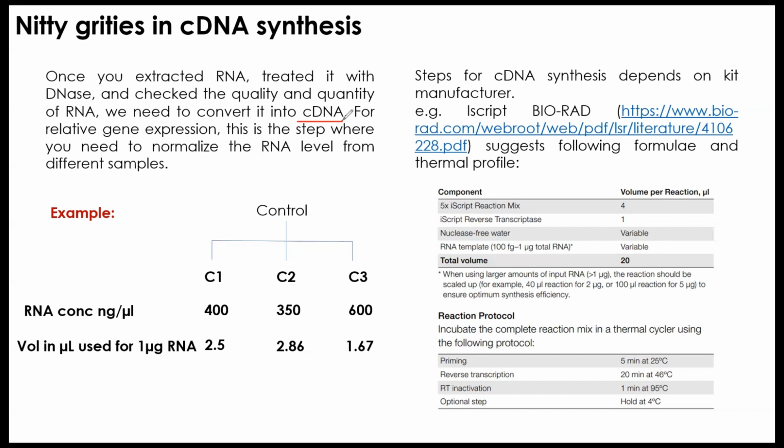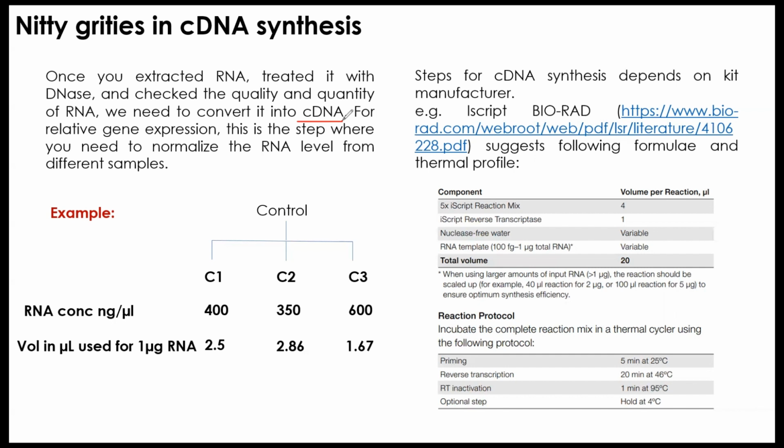Different cDNA synthesis kits have somewhat different reaction mixtures and somewhat different thermal cycle profiles. So whichever company and whichever model you are working with or you have in the lab, that manual or the practical guide has to be downloaded from the internet, or if they have supplied it along with the reagent, you have to look into it, right?